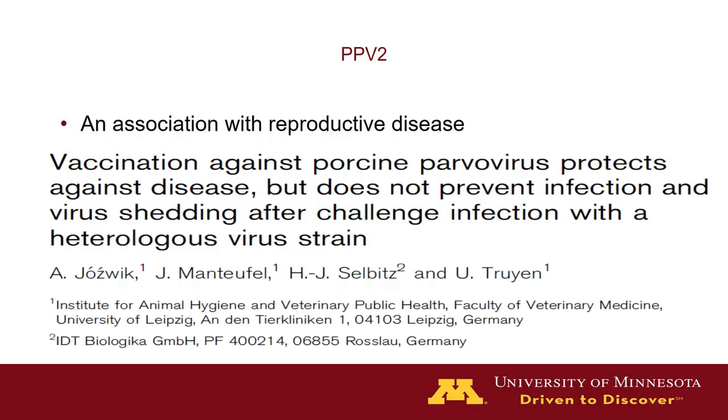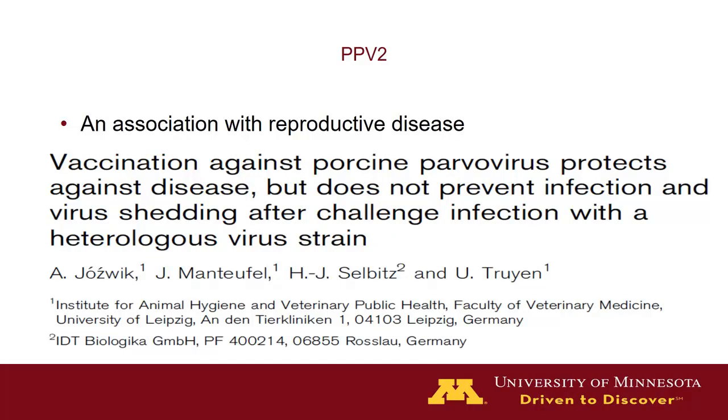And so primary interest was its role in reproductive disease or loss of pregnancy. And there's only one paper that I've ever been able to find, and this is it, that talks about parvovirus 2 as a cause of abortion.